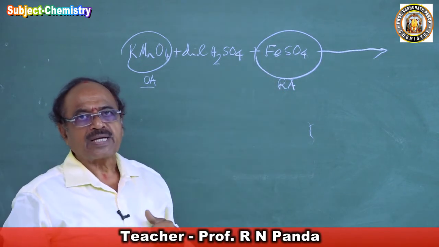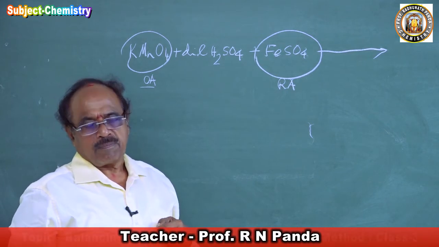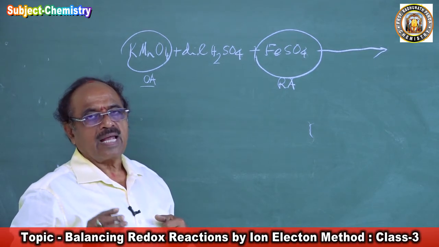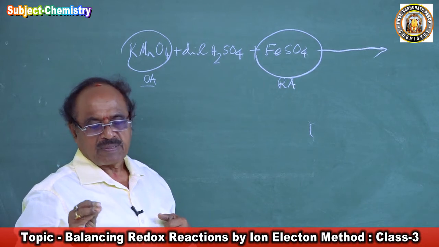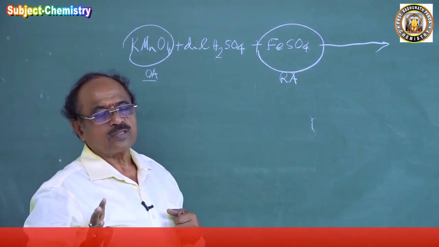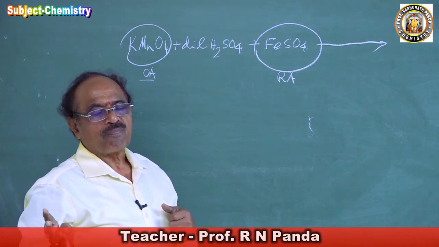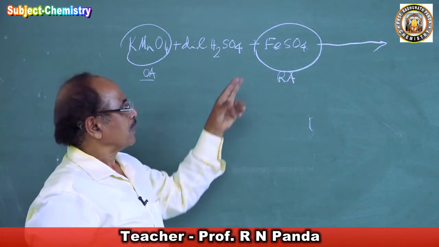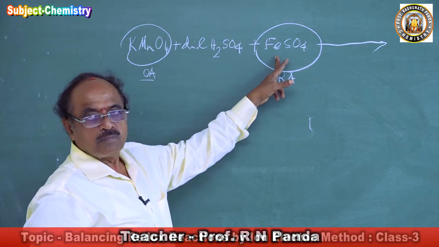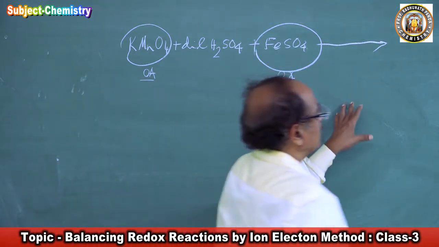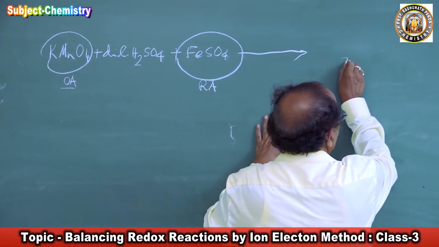So the ultimate products for potassium permanganate will be K2SO4, MnSO4, water and 5O, and that O will react with ferrous sulfate to form ferric sulfate. This is the reaction that happens for potassium permanganate.